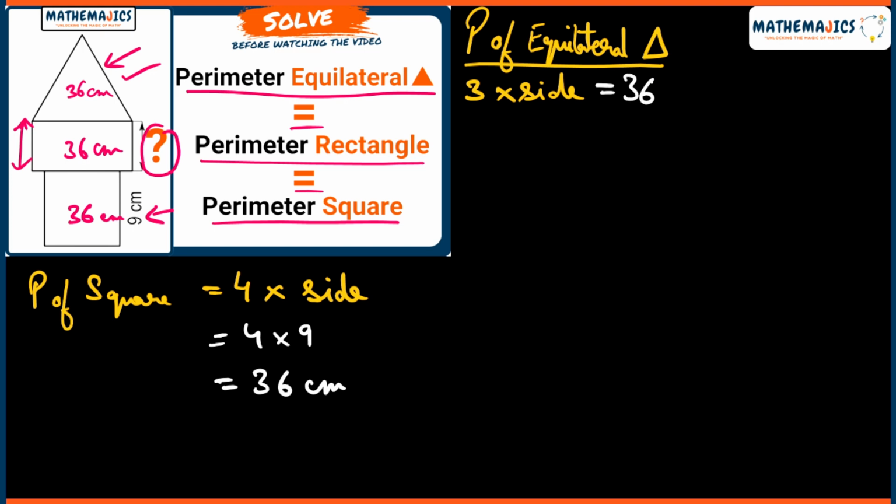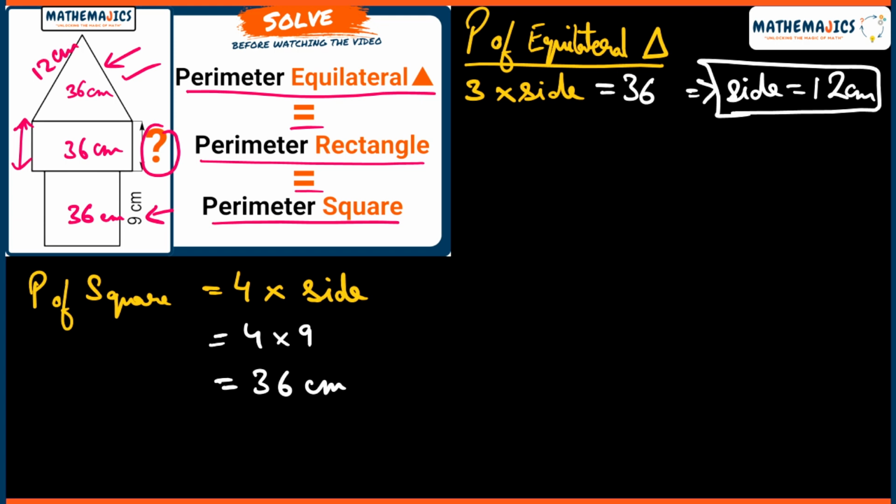Correct. If I go by this, the side will turn out to be 12 centimeters. Yes. That means each side of this equilateral triangle is 12 centimeters. Let me write 12 here as well. So this is 12 centimeters and this is also 12 centimeters.